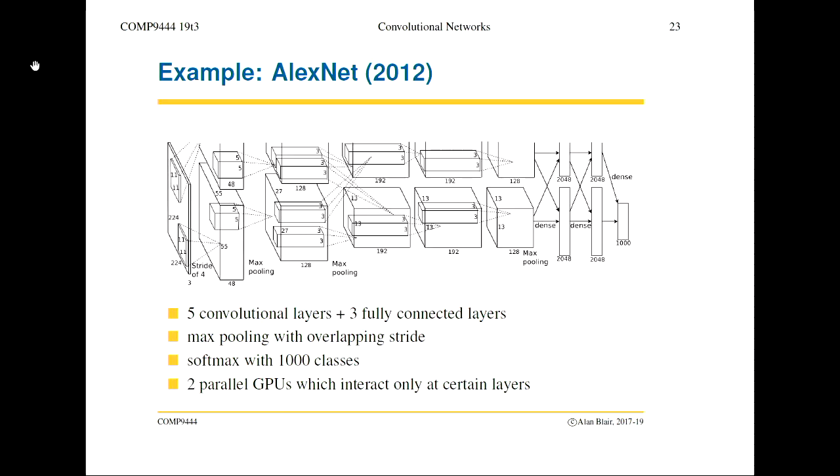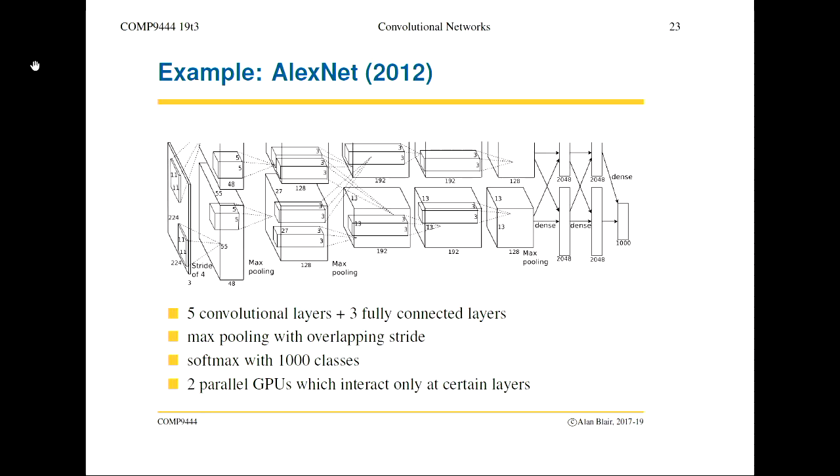Then you do max pooling again, and then you have another set of convolutions, and this is the point at which there's an interaction between the 2 GPUs. The values from that GPU somehow get copied to this GPU and contribute to this, and vice versa. But after that, they operate independently again. So you go down to 13 by 13.